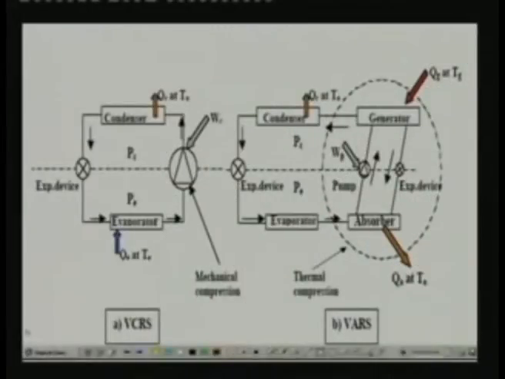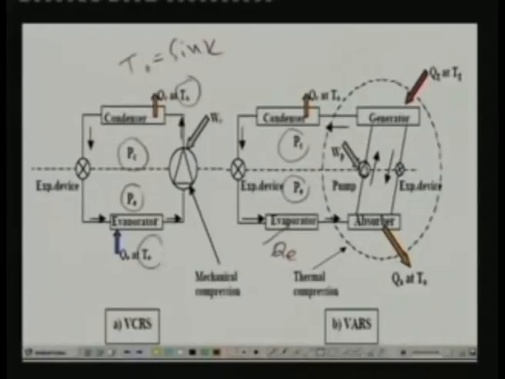As I said, you can feel the similarities. Just like the vapor compression system, you have two pressure levels here, PC and PE. However, unlike the vapor compression system, there are three temperatures here. In the vapor compression system, we have only two temperatures: T naught, the heat sink temperature, and TE, the low temperature heat source temperature.